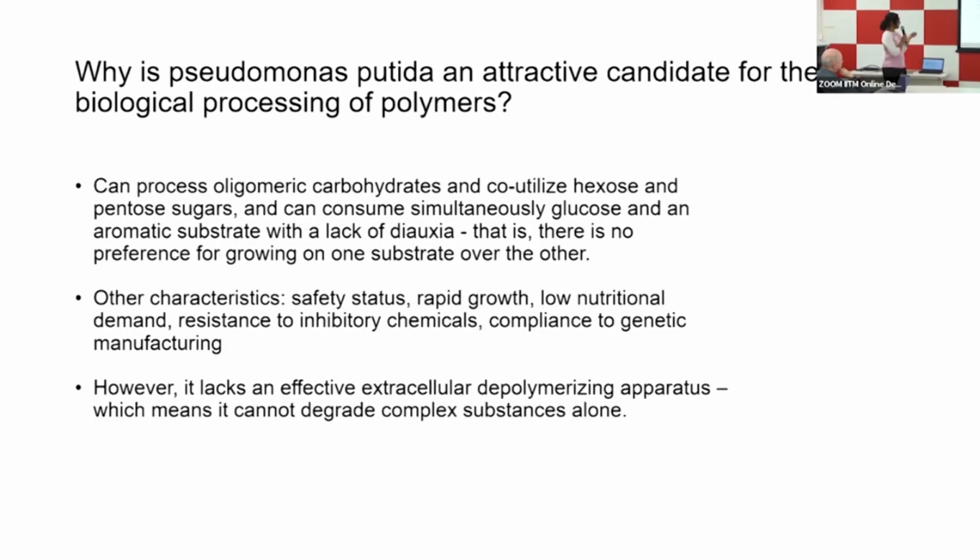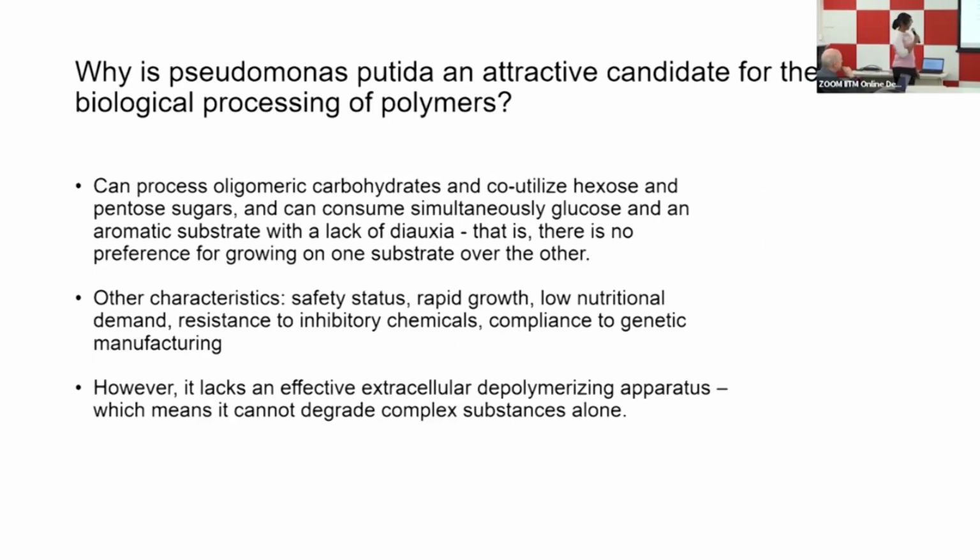For this, we're using Pseudomonas putida. Why is it an attractive candidate? We have found that it can utilize various carbohydrates and carbon matter efficiently to produce a useful caloric substrate. It also has other characteristics like its safety status, rapid growth, low nutritional demand, and various others.